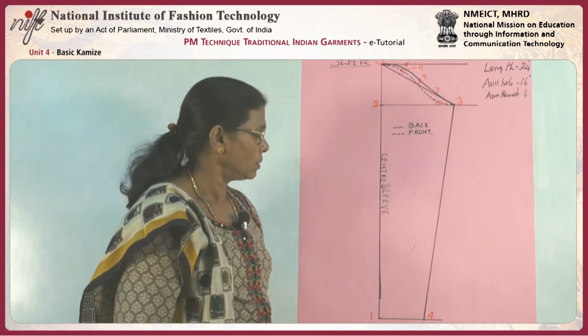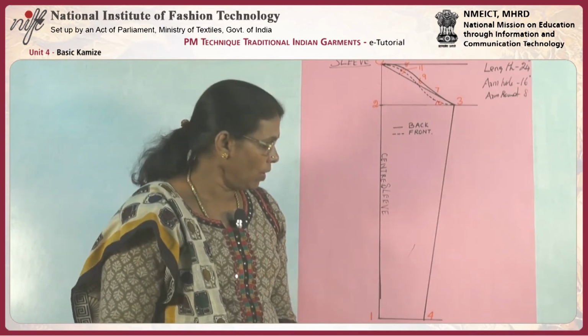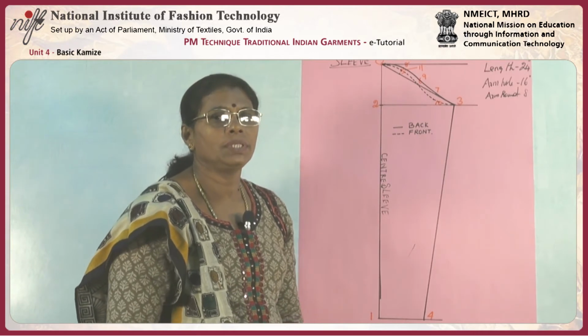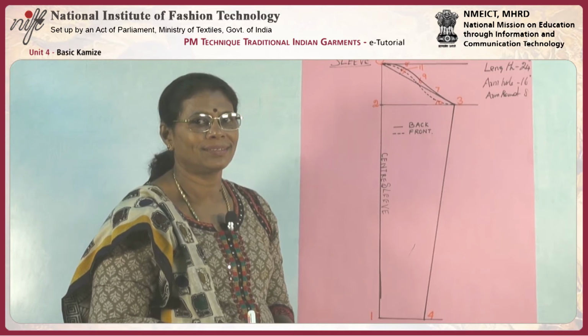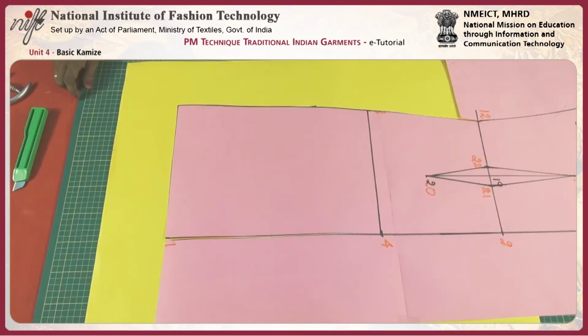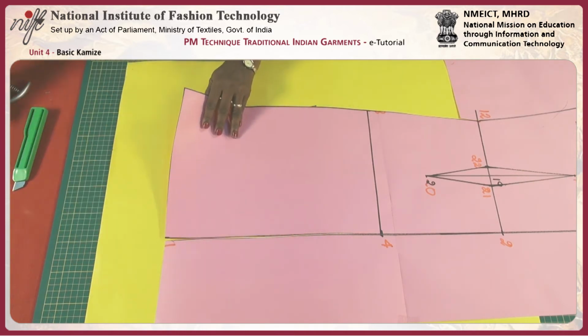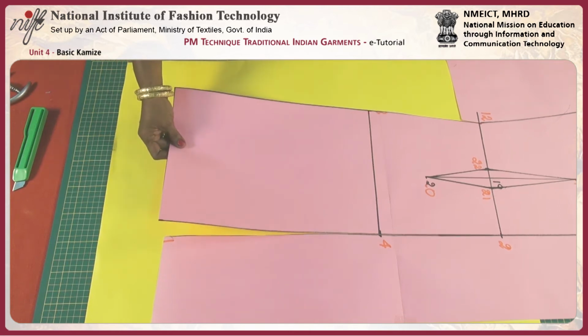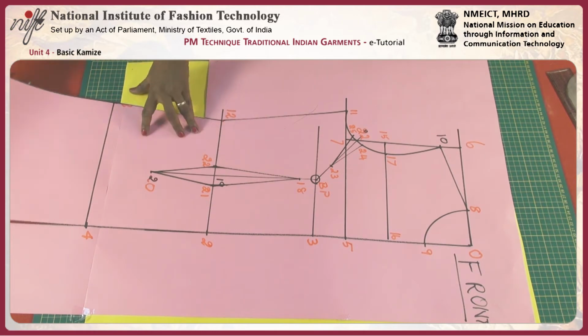With the use of this pattern, we can develop any kind of sleeve which can fit the kameez. The kameez block should also be cut. Start from the bottom and cut on the center front line as a straight line, and come along to the center front neck.